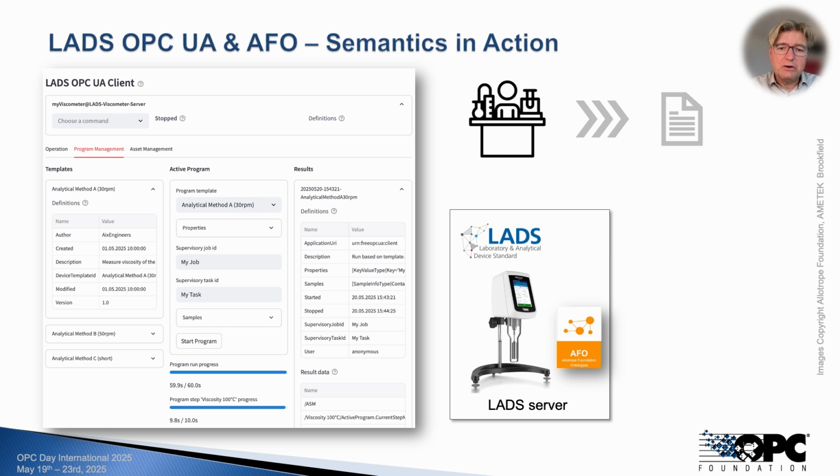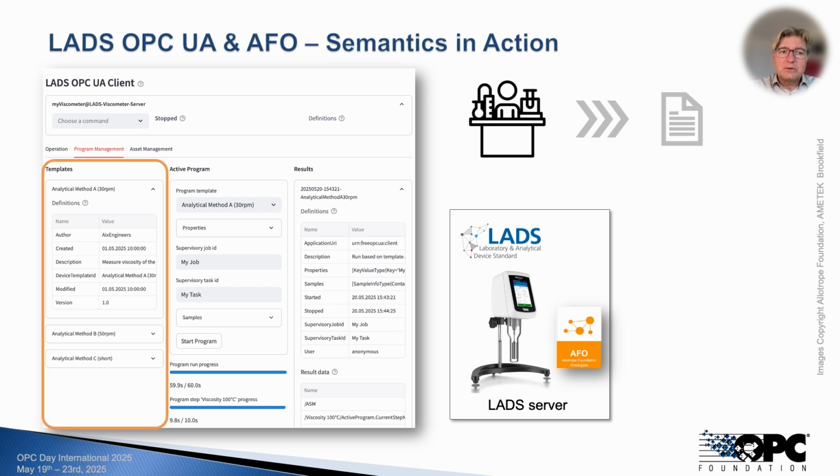By the way, both this browser and the simulated viscometer server will be published as open source on GitHub today. In this view, we are looking at the Program Management tab, which follows Let's domain use cases.